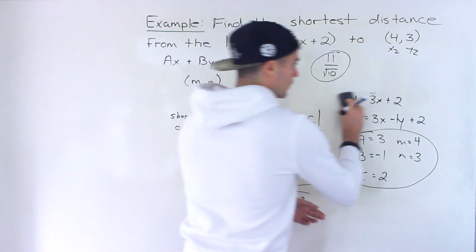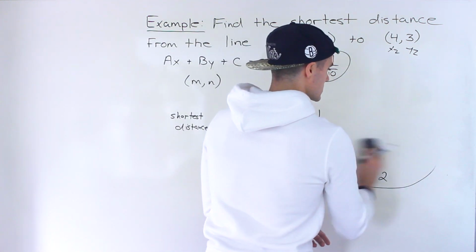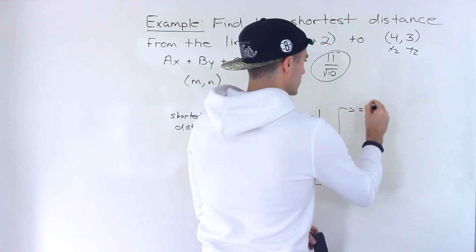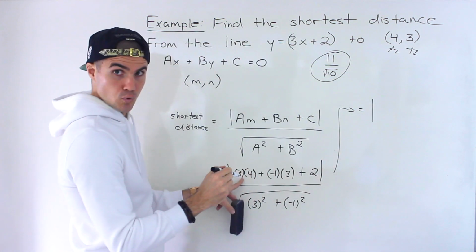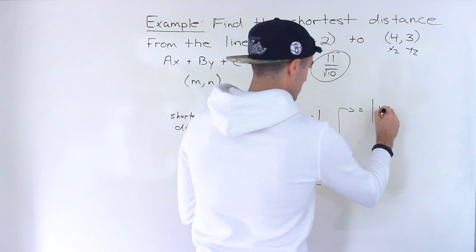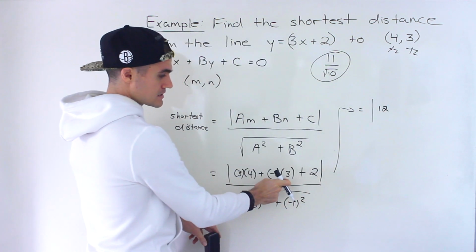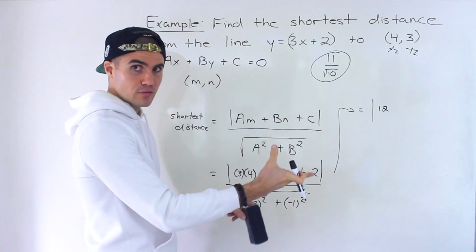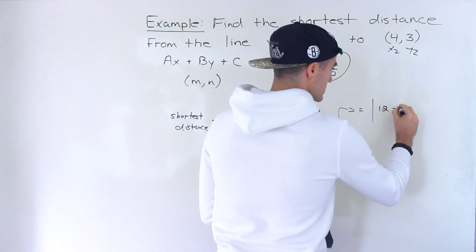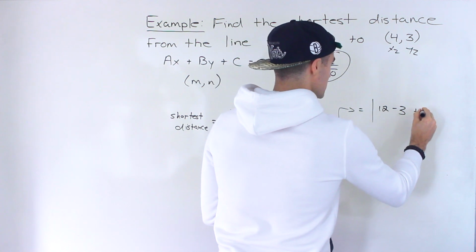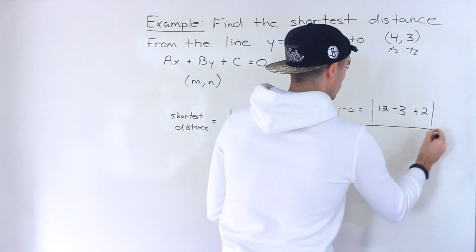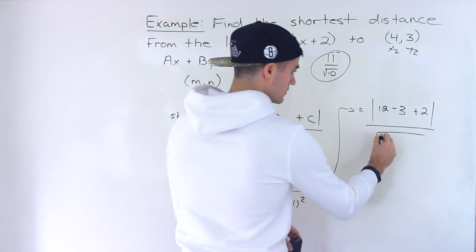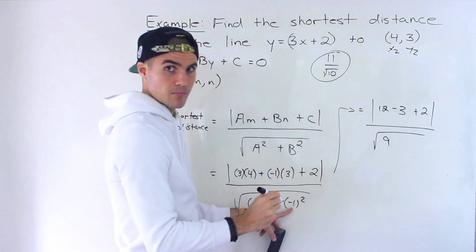So what happens when we simplify all of this? Well, we'd end up with the absolute value of 12, 4 times 3. Negative 1 times 3 is negative 3, right? And then plus negative 3 is the same as minus 3. And then we have plus 2 all over the square root. 3 to the power 2 is 9. Negative 1 to the power 2 is 1.